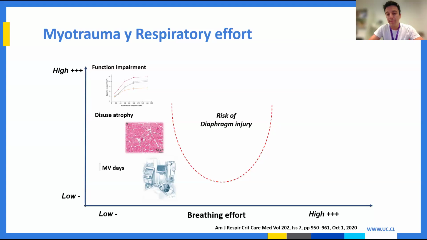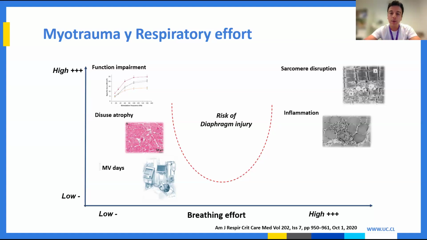On the other hand, if you have really excessive effort, you can also have sarcomere disruption because of excessive loading. You can also have inflammation in your muscle, neutrophilic infiltration being the most common. But also clinically, you will have a longer duration of mechanical ventilation. So this is why it's important to control the breathing effort.